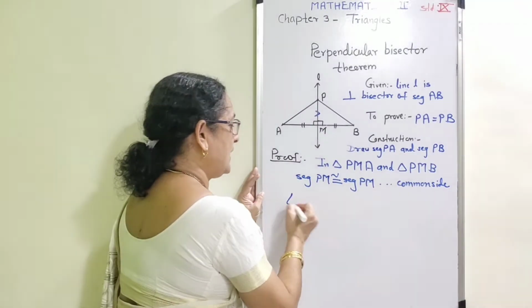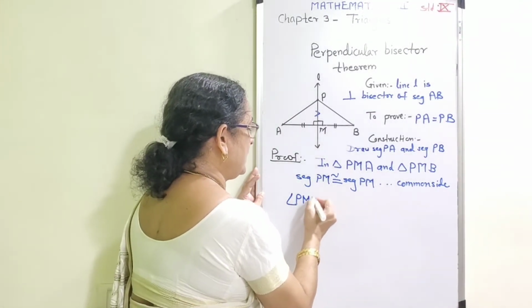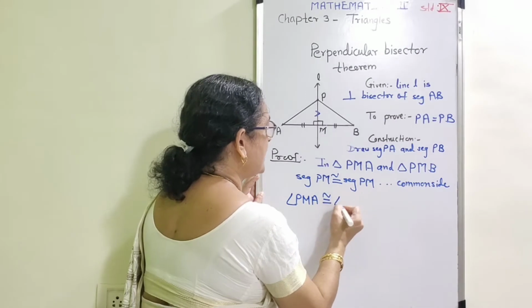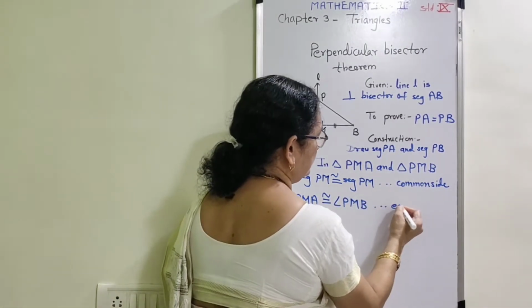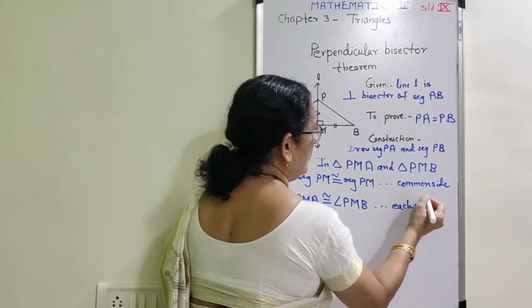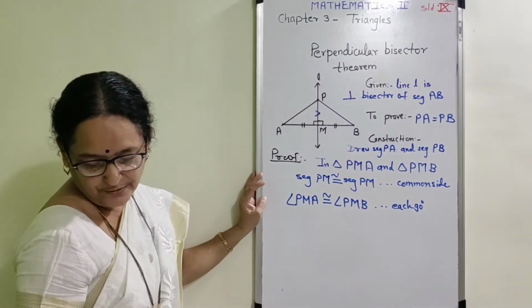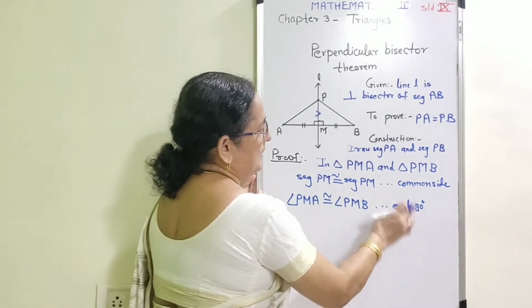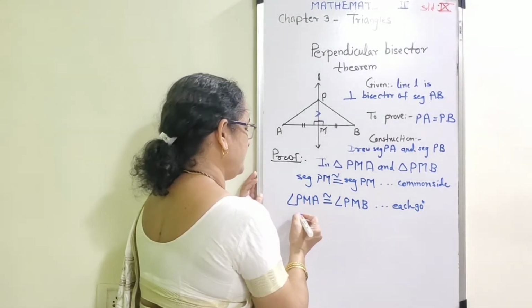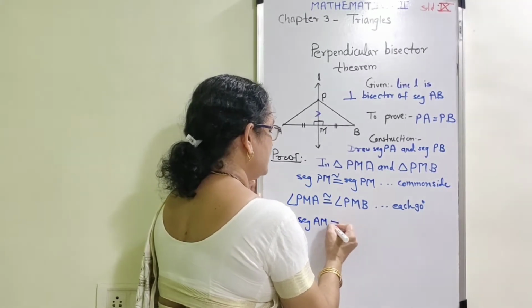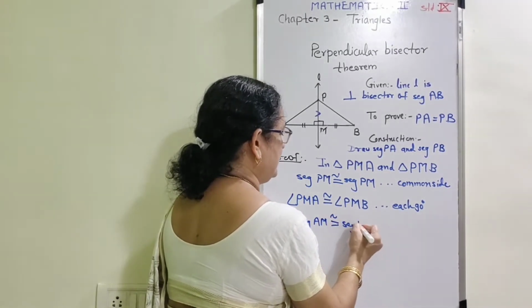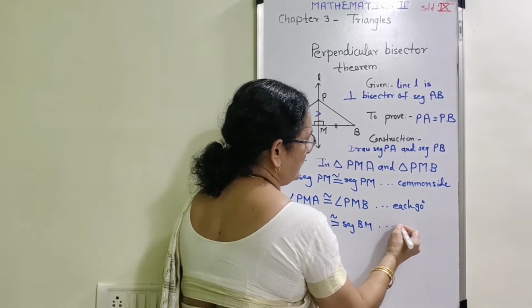Next, angle PMA is congruent to angle PMB, each 90 degrees, since it is perpendicular, they are congruent to each other. Now also segment AM is congruent to segment BM. This one is given.